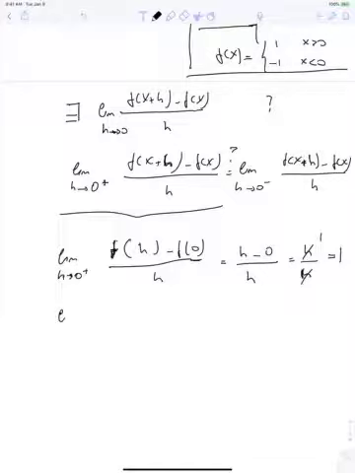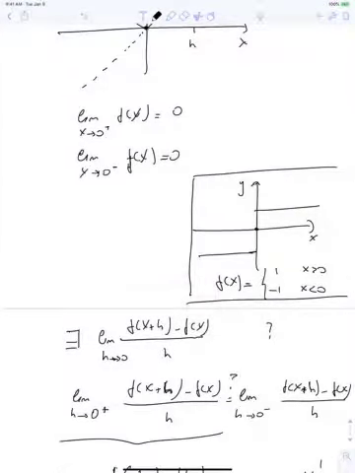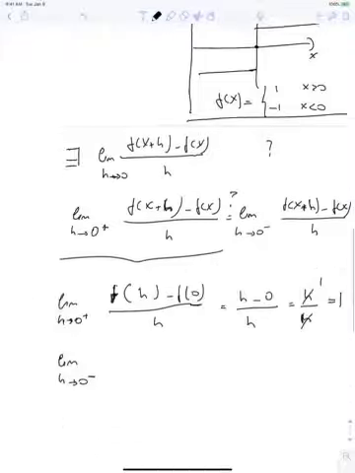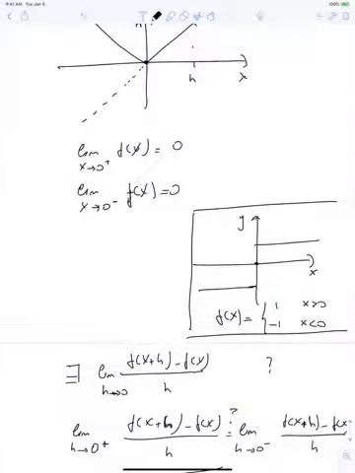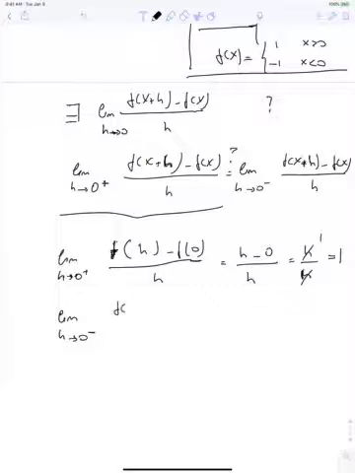Now, what we do is the limit for h that goes to 0 minus, which means we are approaching 0 from the left, so from this side of the plot. And here we do exactly the same. It's f of h minus f of 0 divided by h.